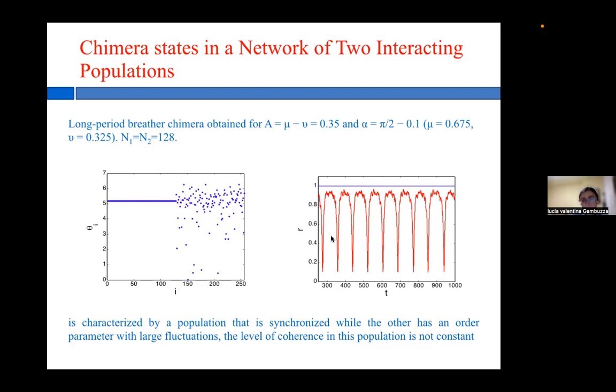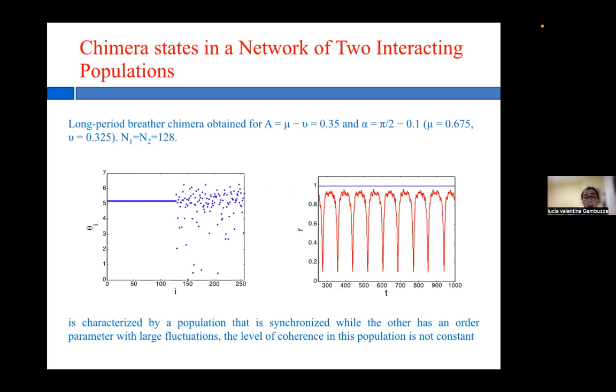And here, just to look at the behavior of the two order parameters, I have also reported in blue the order parameter of the first population, which is equal to 1. It is evidence of the synchronization in the first population.